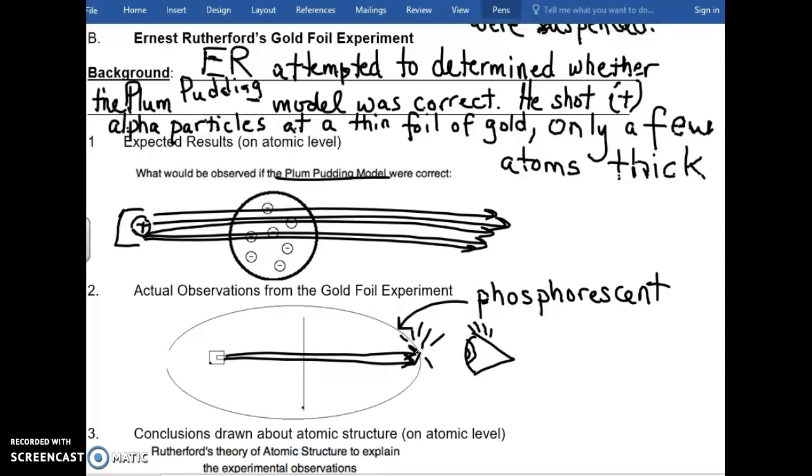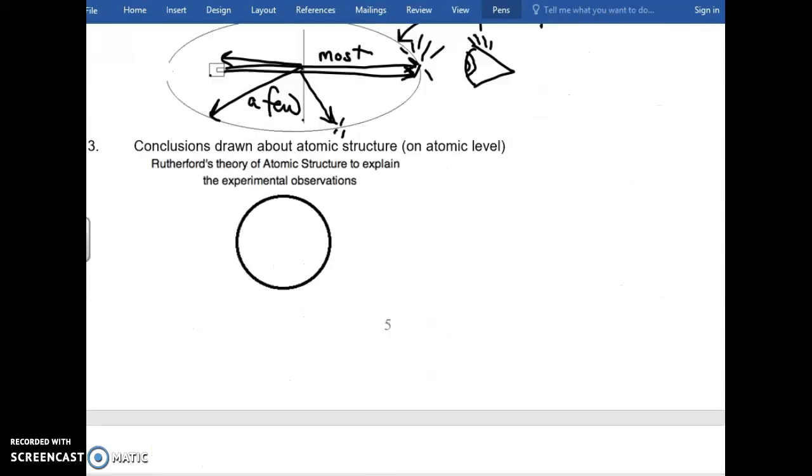But also, when you observe from other spaces, you notice that you also have flashes here, which must mean the following, that although most of them passed through without deflection, a few of them were deflected to some degree. Some even bounced back directly at the source. A few did this. What's going on here? Why are most passing through without deflection, but why are a few being deflected?